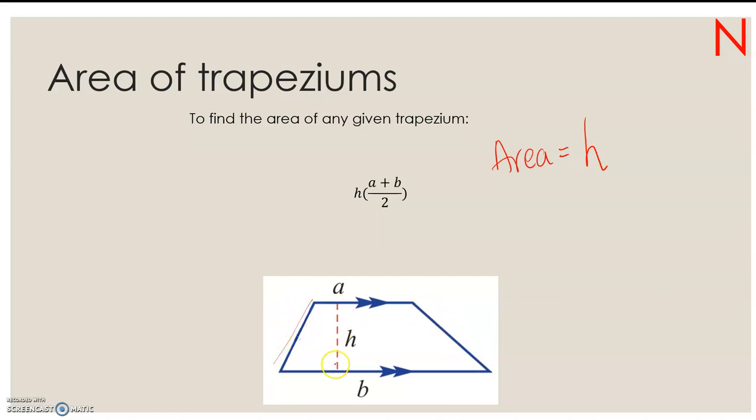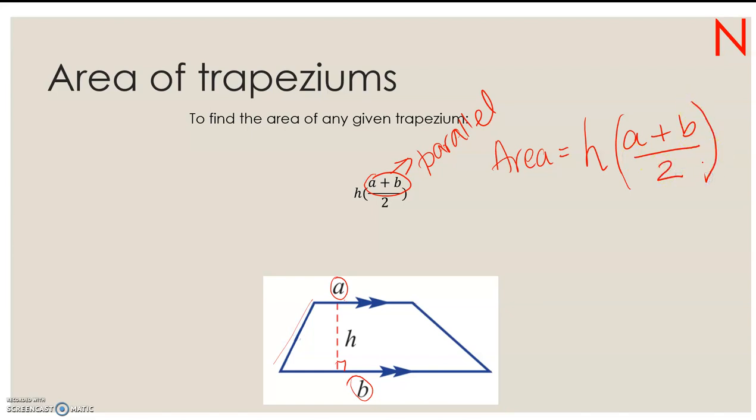It has to be perpendicular to the base. So you find the height, and then you have to add the 2 lengths, the top and the bottom, the 2 parallel sides. So this A and B are the lengths of the 2 parallel sides. So A plus B, and you find the average, so you divide that by 2.